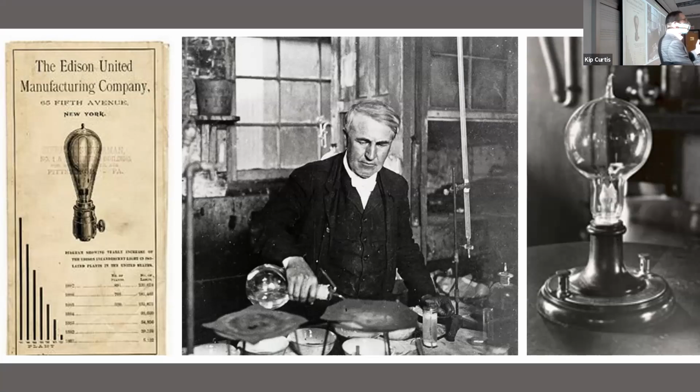All right, so light at night, different energy source, and the light bulb. We often say the light bulb, but it really wasn't the light bulb that Edison invented, right? The light bulb was just an incidental part of the real invention that he brought forward.